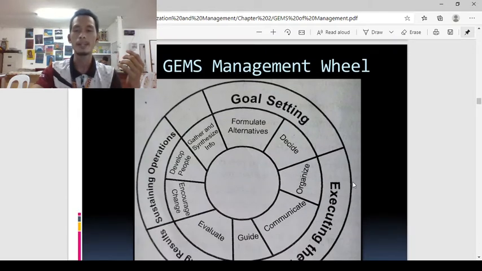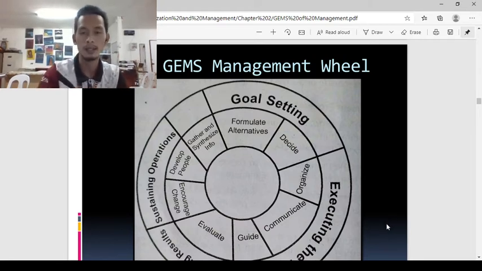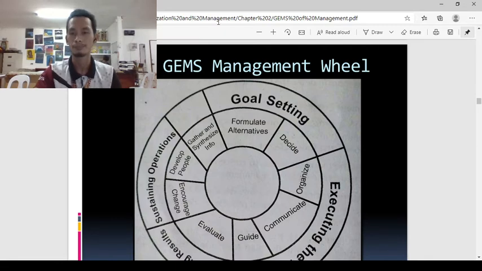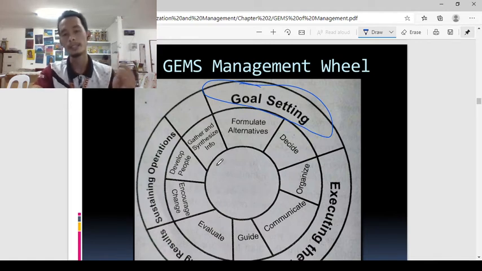Now the GEMS management wheel. So the GEMS management wheel illustrates the management function, the management process, diba? The management practice itself. Like goal setting. Okay, under goal setting, there are four important sub-stages.